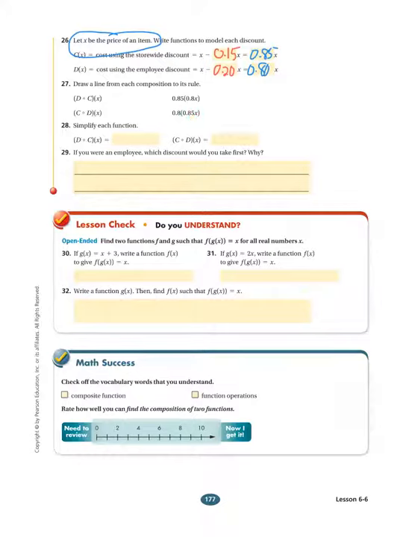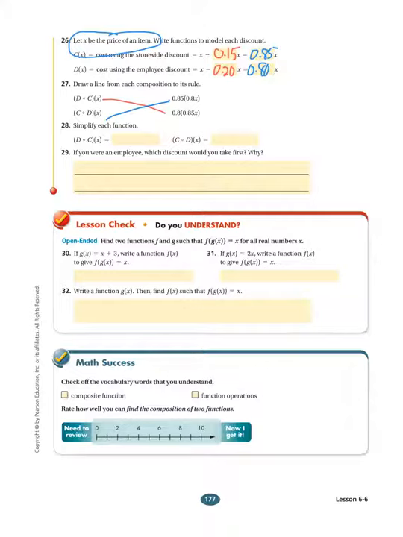So this one goes to here. And for this one, it says start with C. Well, C is 0.85, and then parentheses, instead of this x, we're going to put the 0.8 in. So this one's going to go to this one. And there we go.